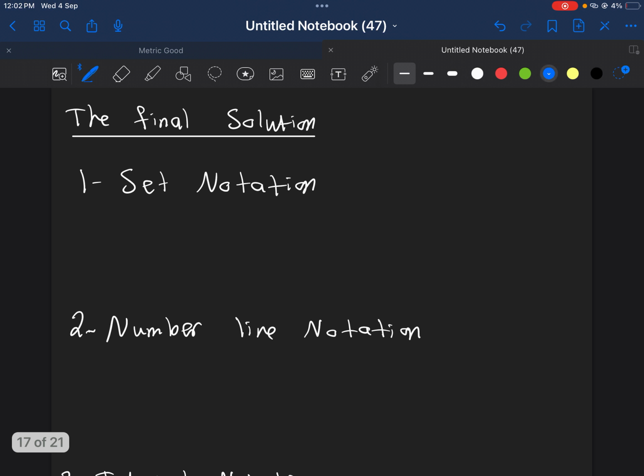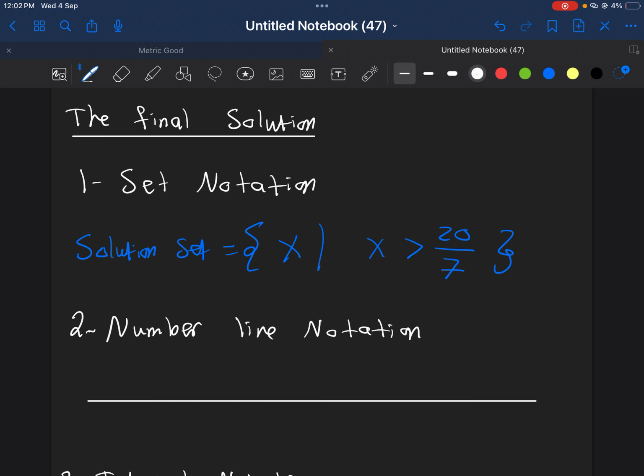So let's start with the solution set. We write x, and then we describe what x is. Remember, x is any number that is greater than 20 over 7. Number line is just a visualization of the solution set.